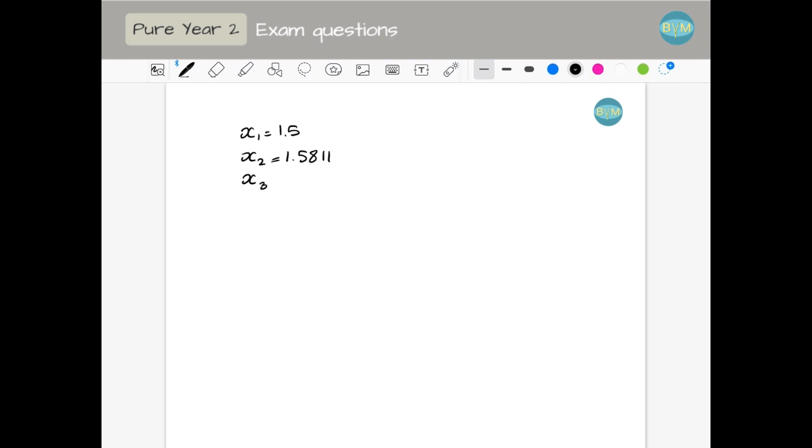Then x3, 1.5743, and x4, just repeating the process. You see that the values are getting closer to 1.57, which is between 1.5 and 1.6. That's where we know we have a root.